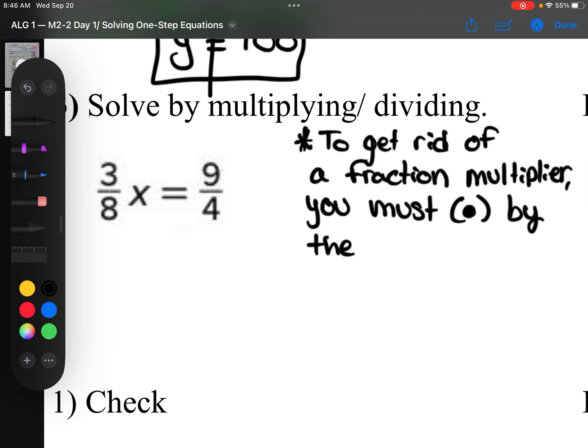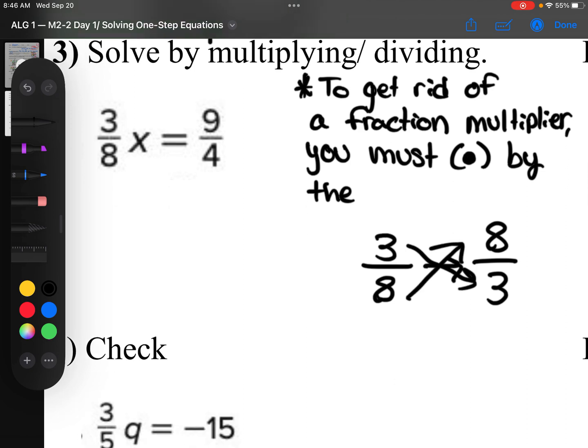So what does it mean to multiply by the reciprocal? If I have 3/8, the reciprocal would be 8/3. Okay? All it does is flip the fraction. That is the reciprocal.